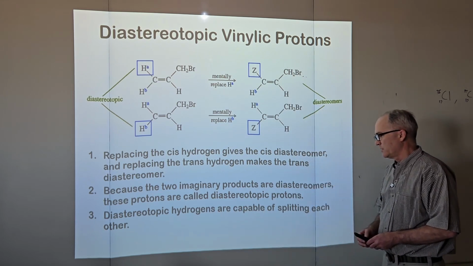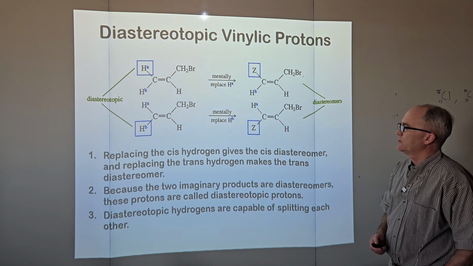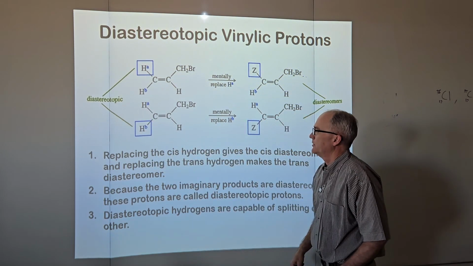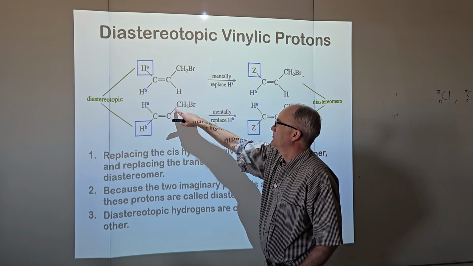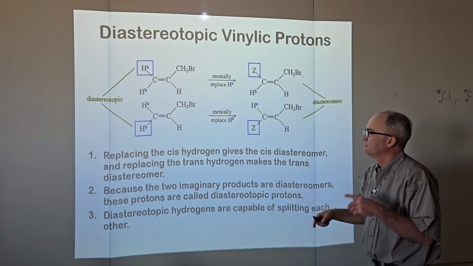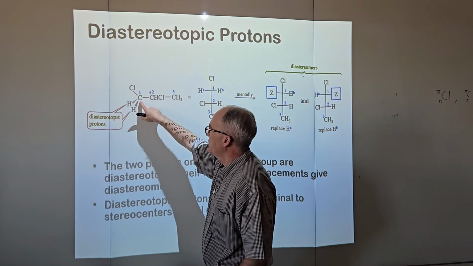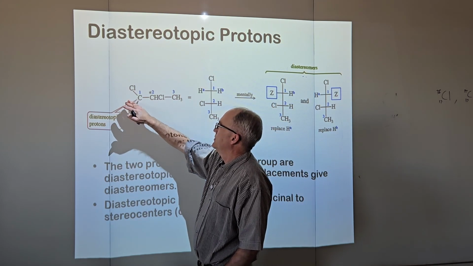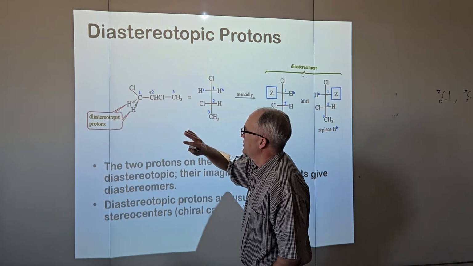Diastereotopic hydrogens are capable of splitting each other and give us 2 different absorptions. All 3 of these are in a different chemical environment. These 2 are in the same chemical environment. Bonds rotate around and they're indistinguishable. So here's a methylene group, and normally we would say this should give 1 signal, maybe split by that thing.